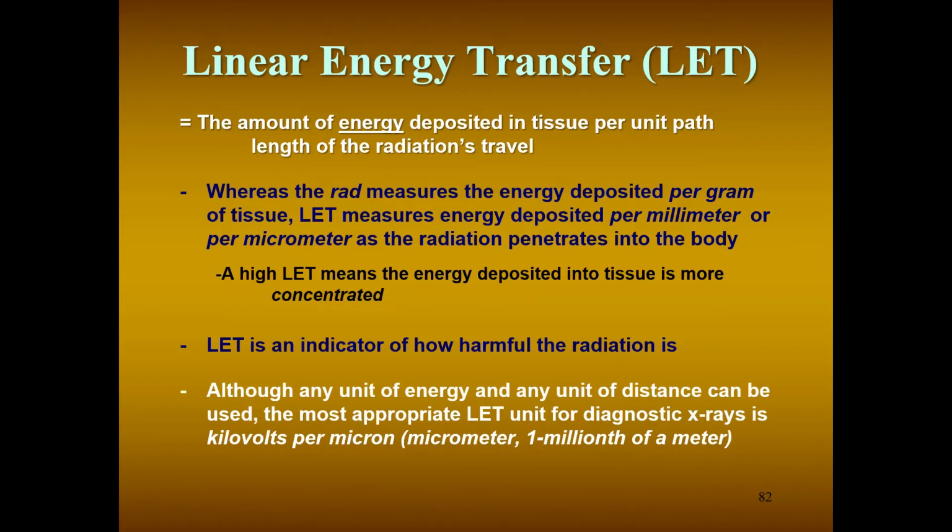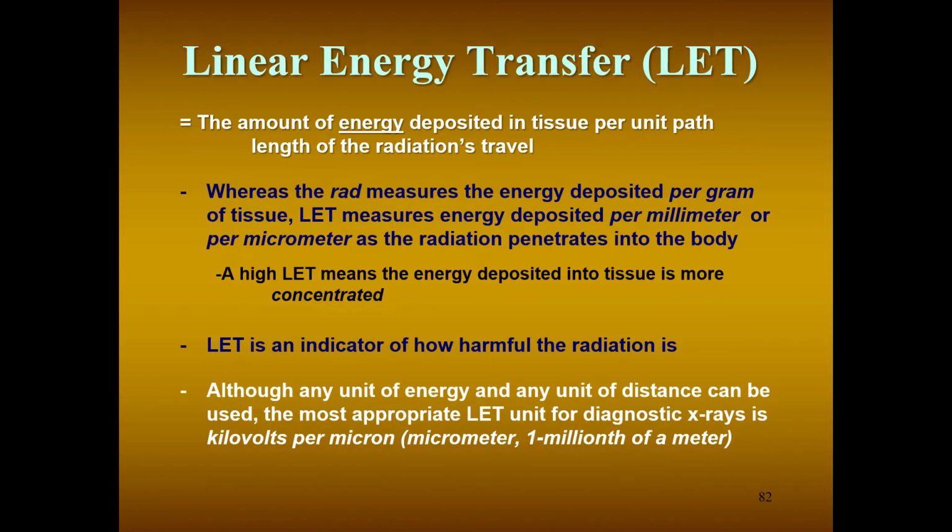Whereas the rad, or more commonly used today, the gray, measures energy deposited per gram of tissue, so that's energy per mass, this is measuring energy deposited per millimeter of length traveled through that tissue, or more accurately for our purpose of measurement, the micrometer, as radiation penetrates into the body.